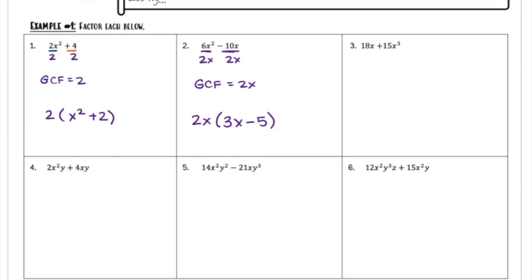For number 3, is this problem written in standard form? No. So we must write it in standard form first before I start determining if there's a common factor. Now that it's written in standard form, can I divide each of these terms by a GCF?